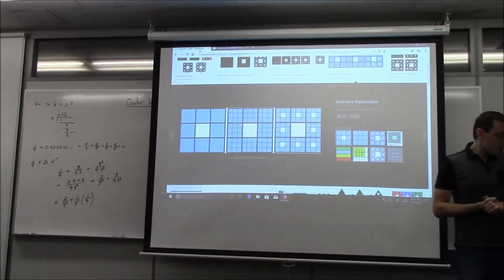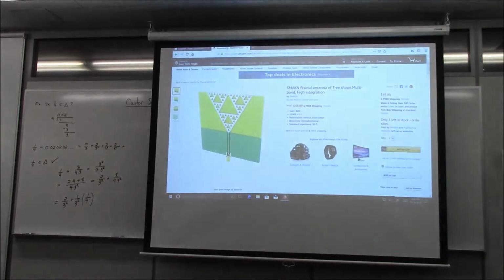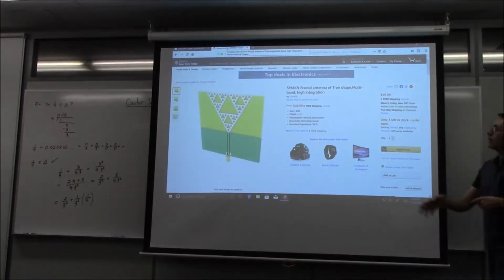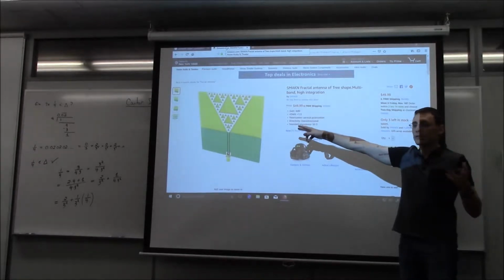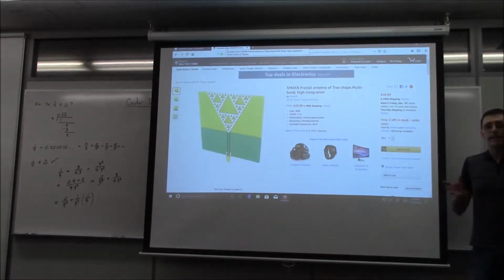Then I mentioned that such a process is used, for instance, in constructing antennas. It definitely was used in cell phones, perhaps still is. And if you look on Amazon, there is a version of a triangle, another version of the 2-dimensional Cantor set. It has different properties, by the way, but this thing is used as an antenna.